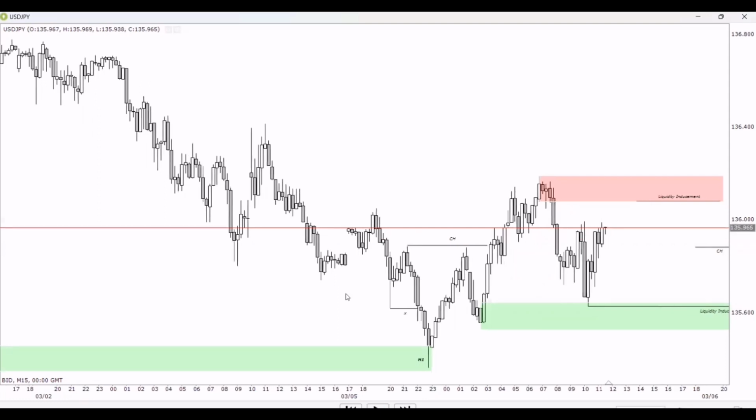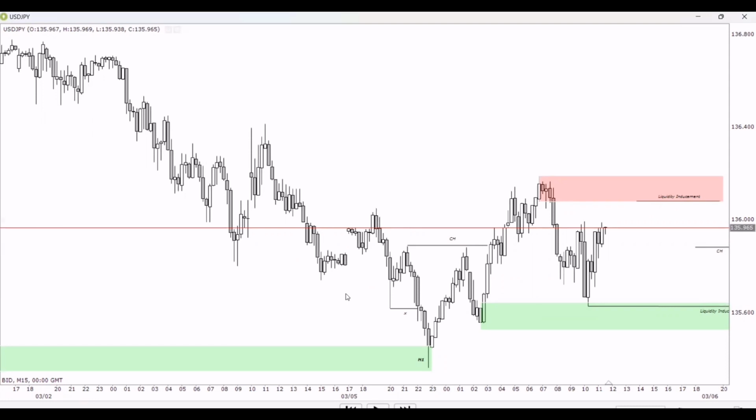Let me explain what liquidity inducement is. First thing first, you have to have a demand or a supply zone. Secondly, we need to have a first step into that zone.